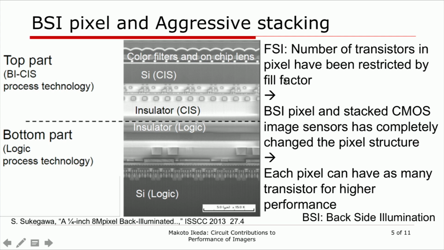In the case of front-side illuminated image sensors, the number of transistors in a pixel has been restricted by the fill factor. For backside illuminated and stacked CMOS image sensors, that kind of restriction will be gone, so that you can put as many transistors as possible for performance improvement.